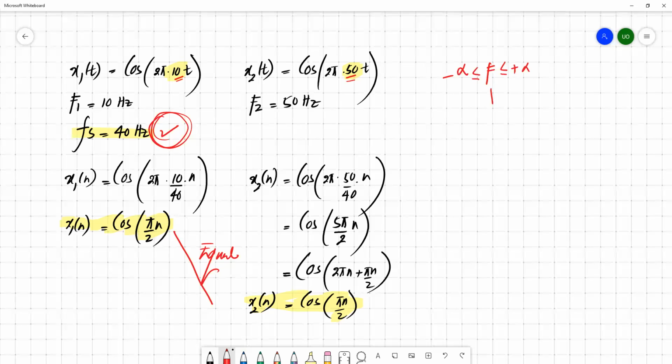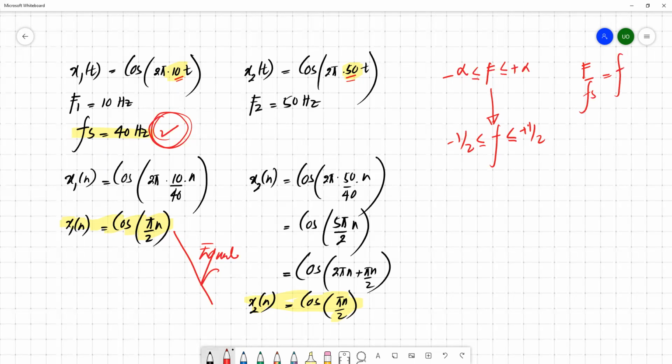Once you convert it to the discrete frequency, it is mapped to the range plus half and minus half. With this conversion process, capital F divided by Fs equals simple f.